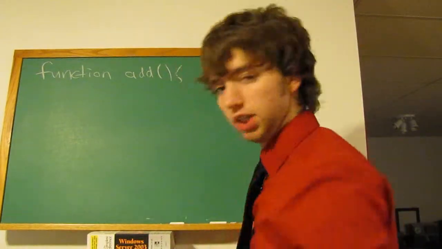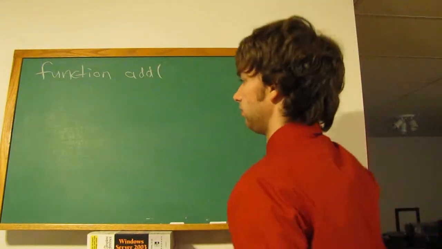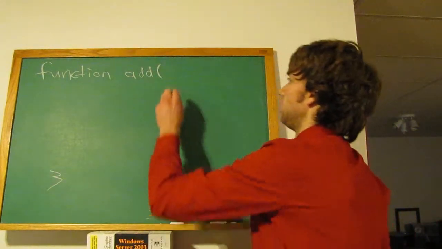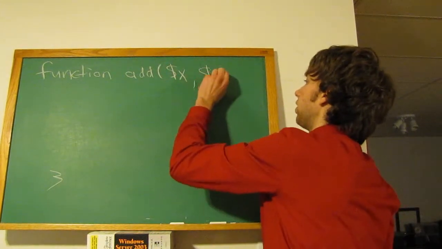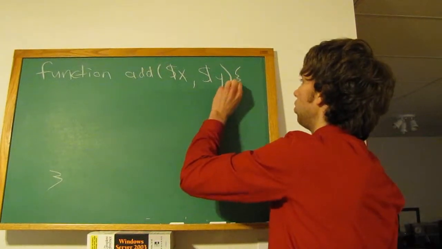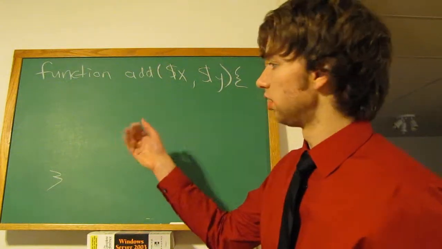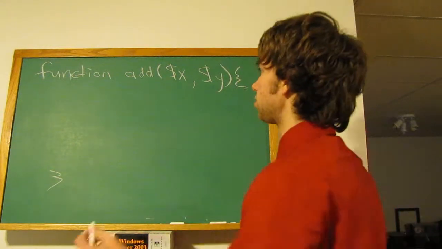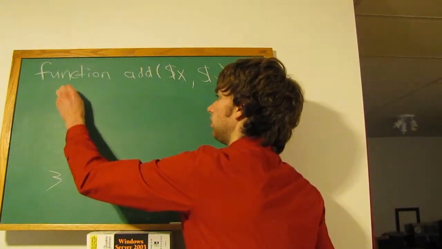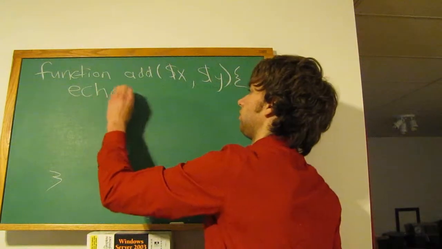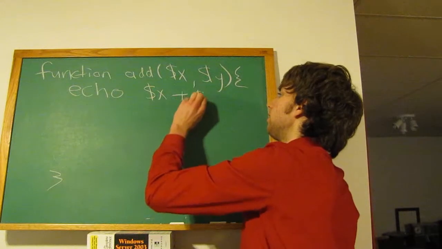To put these variables in our function, we define them up here: variable x, variable y. Then we have the opening curly brace and the closing curly brace. Within the function, we can use these variables. So we could say echo the variable x plus the variable y.